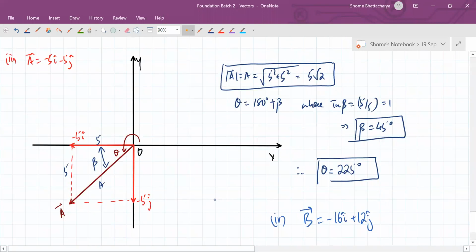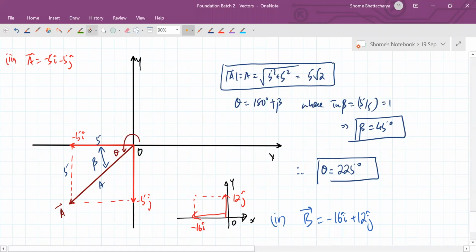So this vector will look like this. Minus 16 i cap, 12 j cap.